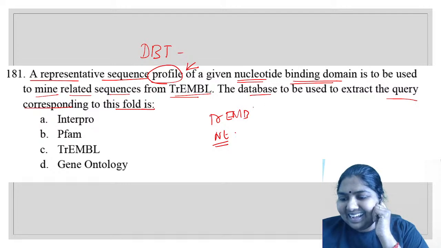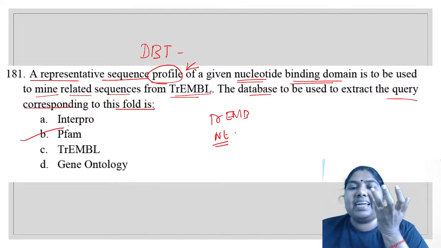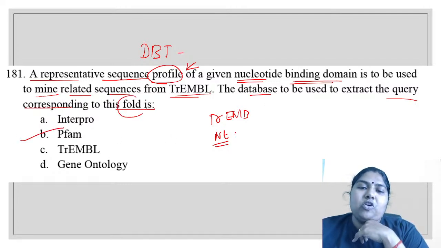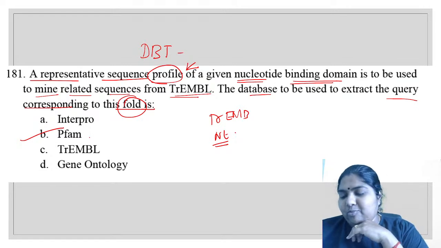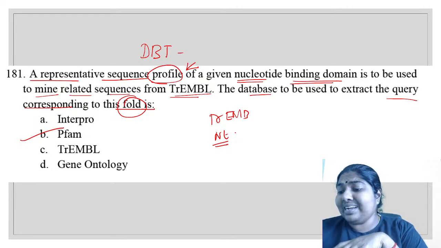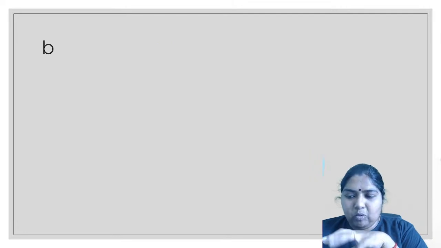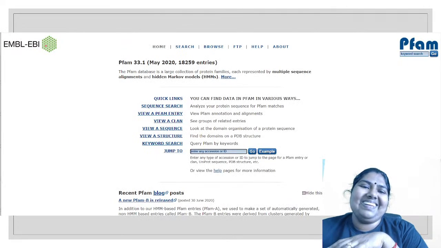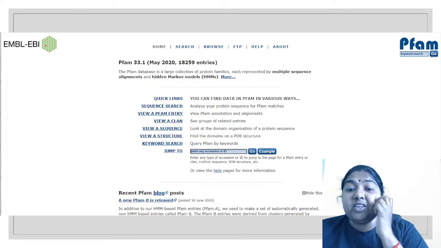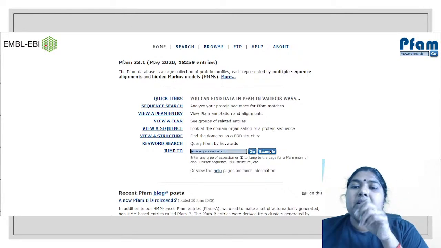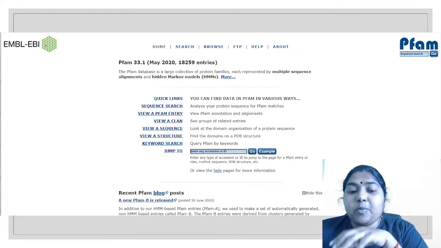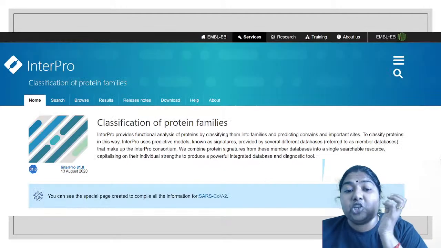Profile means it is going to be none other than your fold. Fold means it should be from your PFAM. Got the point? Everybody in the class, how it became B? So PFAM is where you find all the proteins. This is a very important fellow. He has all the information.